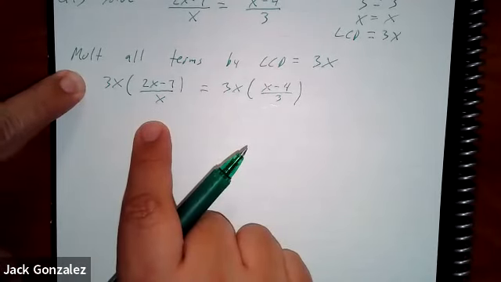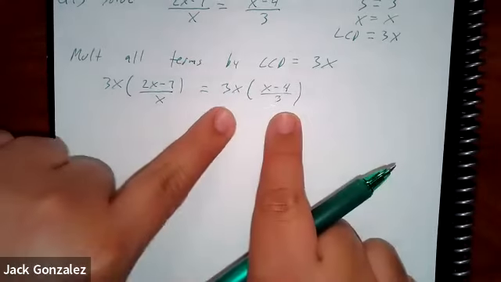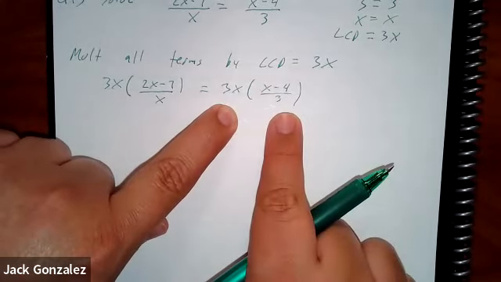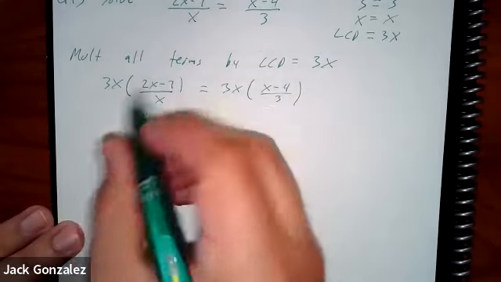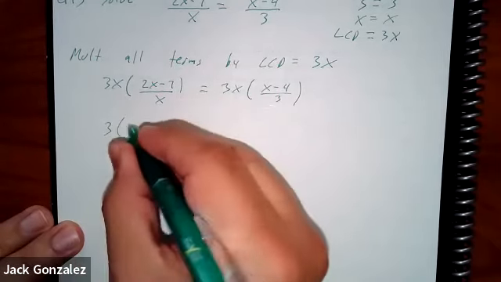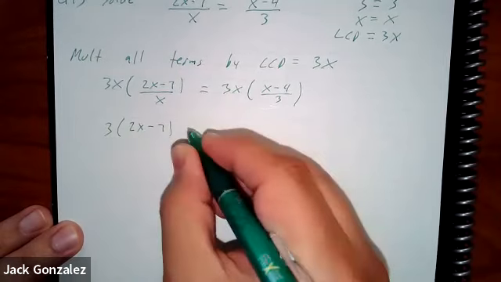The X's will be canceled. But over here, 3's. Is that clear? So you'll have no more X's here. So there's 3 times 2X minus 7.